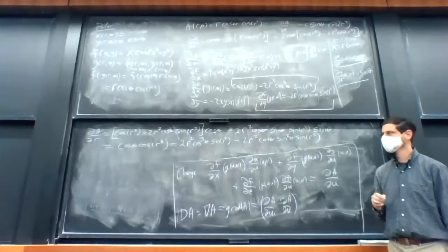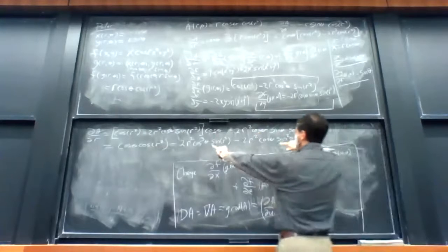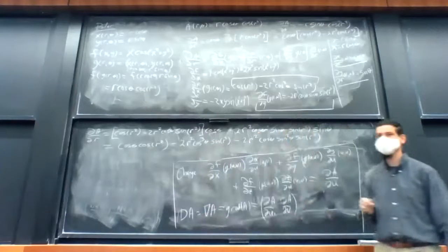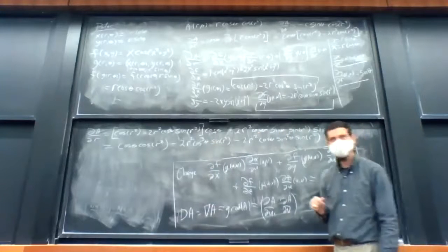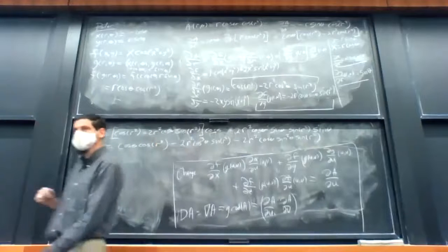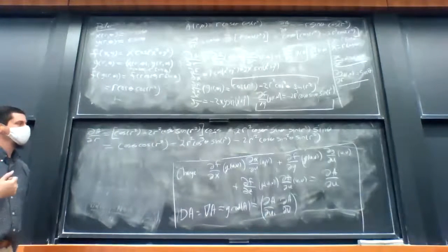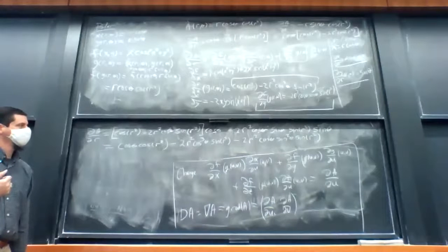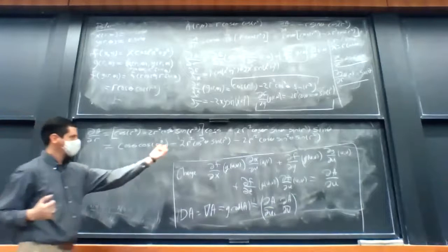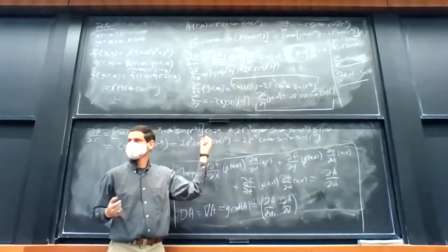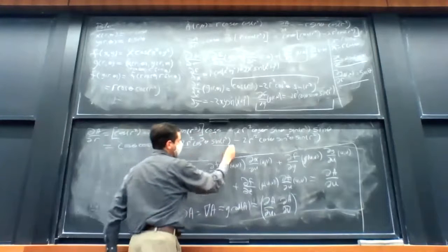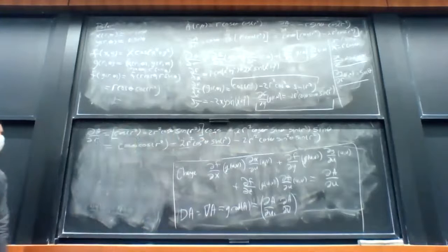Let's do some algebra. Do you notice anything in common with the last two terms? What do they have in common? They both have 2r squared, and they have one more thing in common.